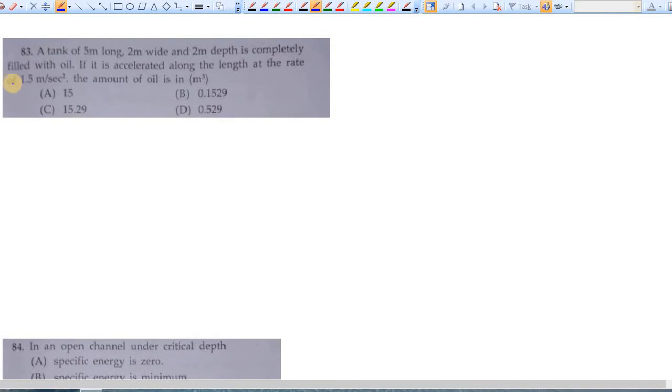Next, a tank of 5 meter length, 2 meter width and 2 meter depth. So this is a 5 meter tank with 2 meter depth, completely filled with oil, and now it is accelerated along the length.